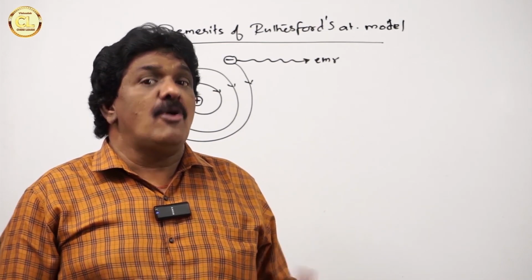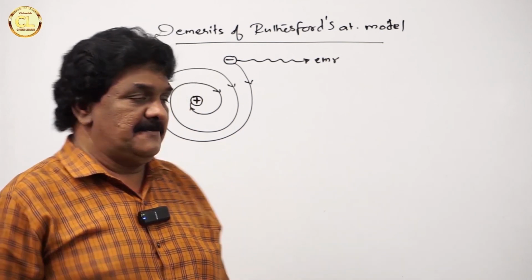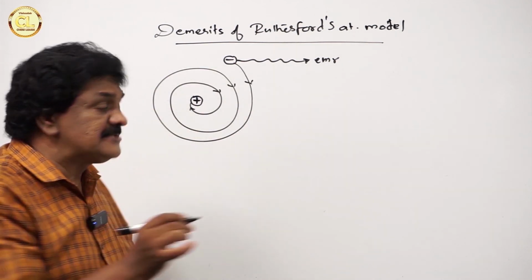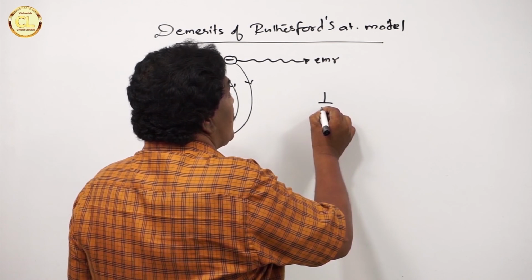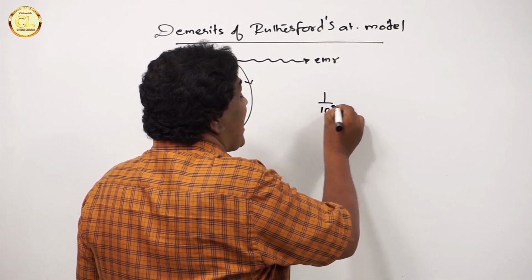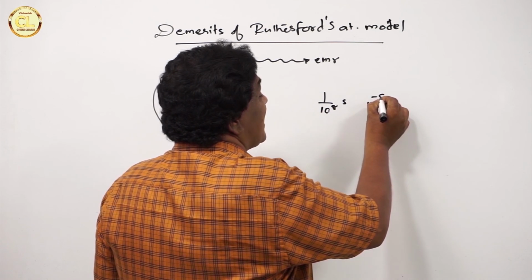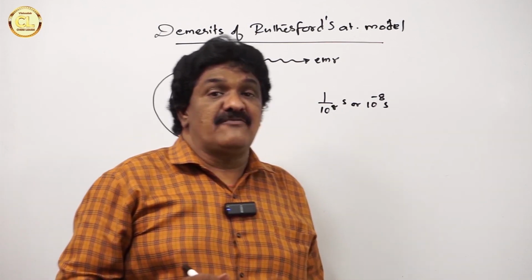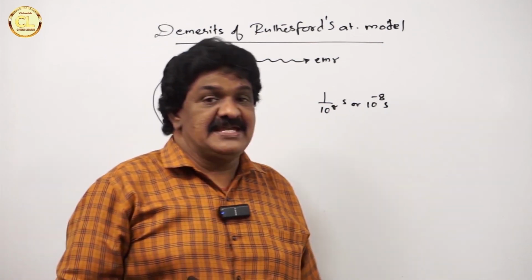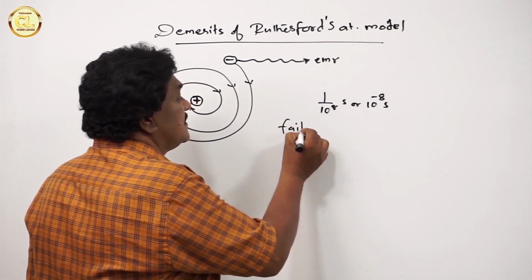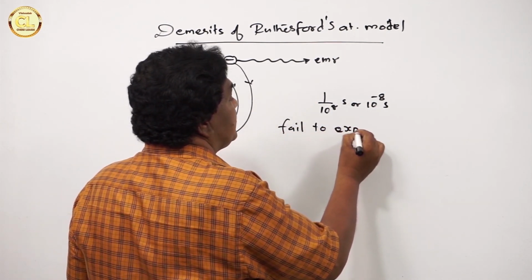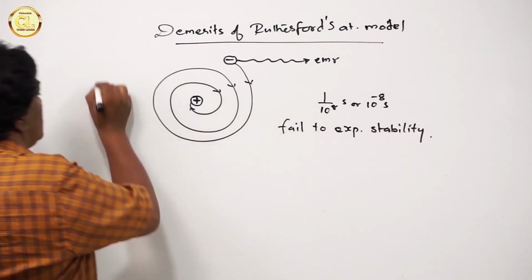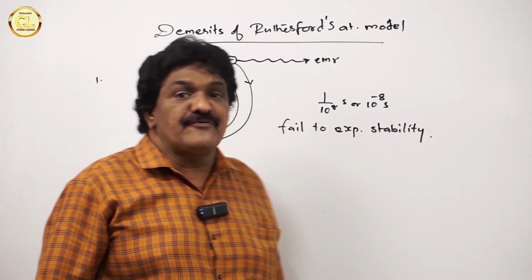That is the very important demerit of Rutherford's atom model. Study shows that according to Rutherford's model, atom may collapse within 10 raised to minus 8 seconds. Therefore, Rutherford's model fails to explain stability. This is the first demerit.